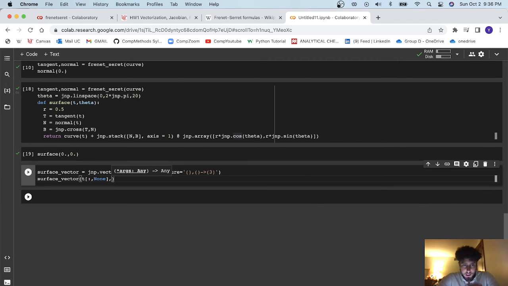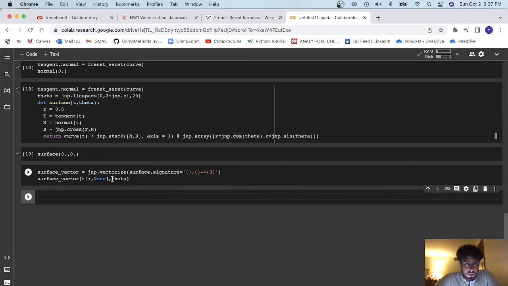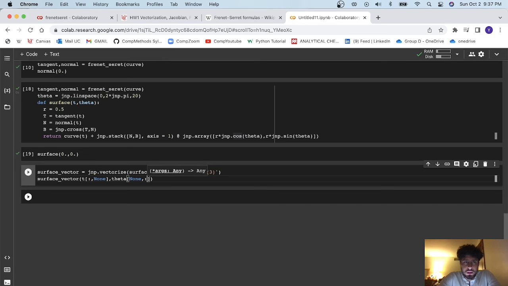And then we're going to do the same thing with data, but vice versa. We're going to start it at none. Then I'll do this colon.